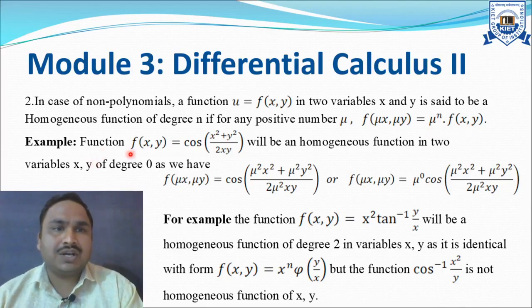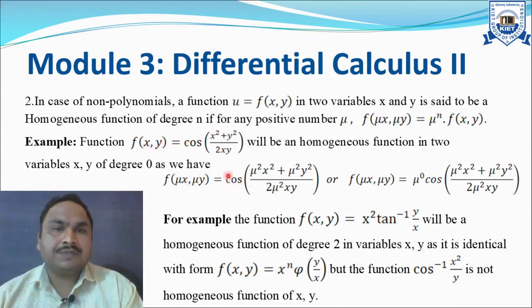For example, the function f(x,y) = cos((x² + y²)/(2xy)) is a homogeneous function in two variables x, y of degree 0, as we can verify by replacing x by μx and y by μy.